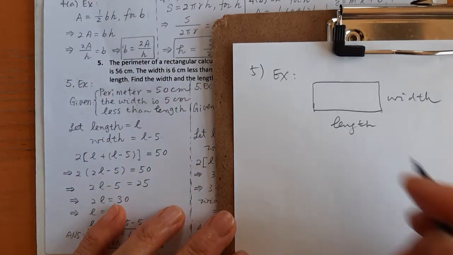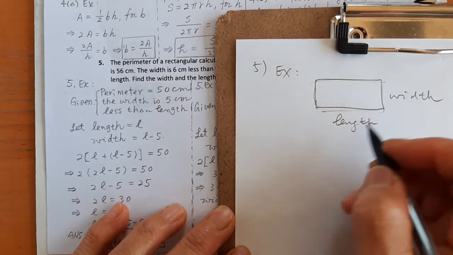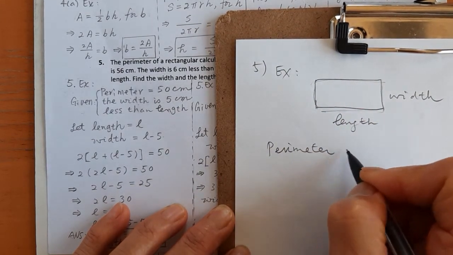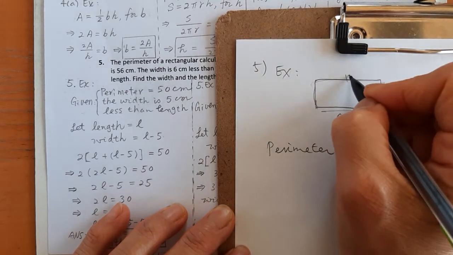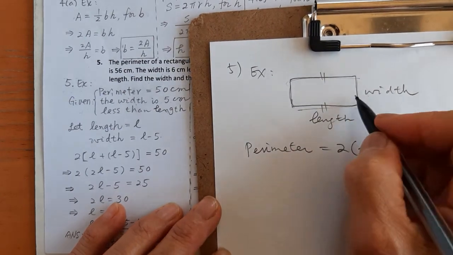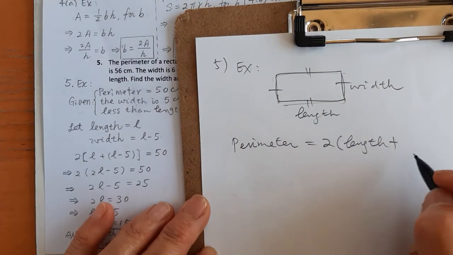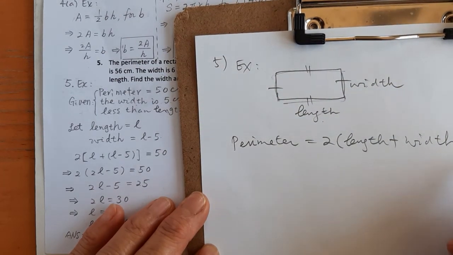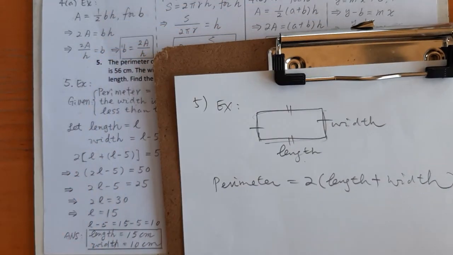Now, perimeter is equal to twice the length plus twice the width, because there are two lengths and two widths. So it's length plus width added together and doubled is the perimeter.